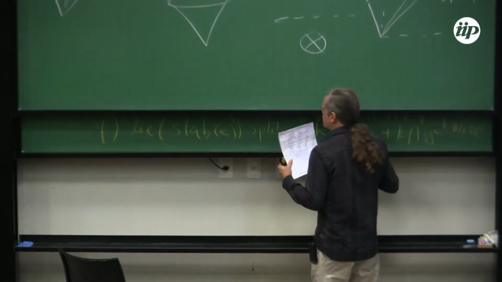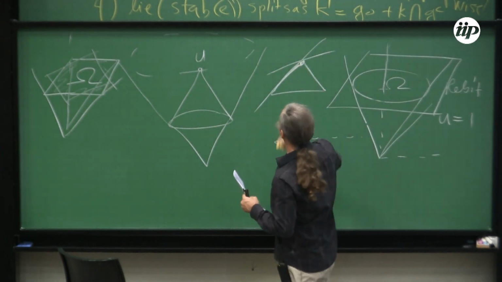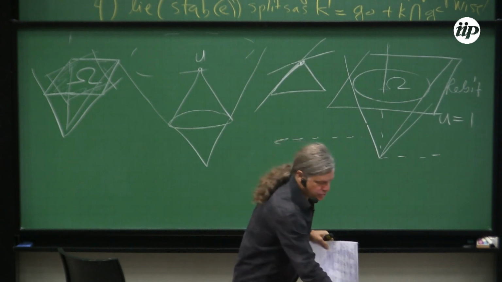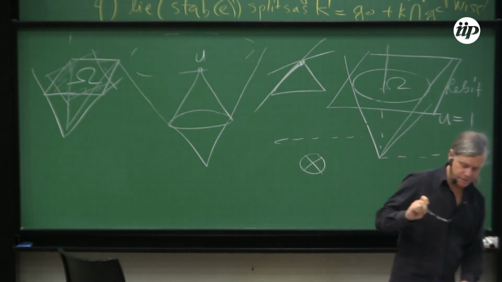So what's the significance of the stabilizer of E? E is your natural choice for the order unit, and so its stabilizer is a maximal compact subgroup.